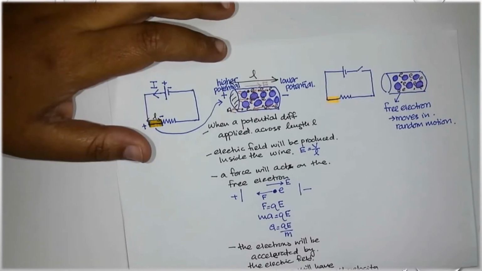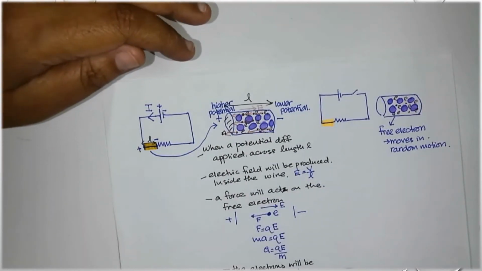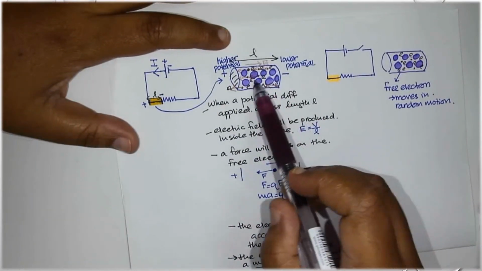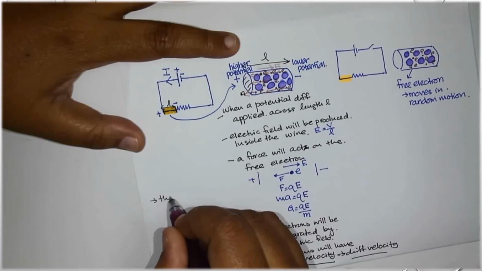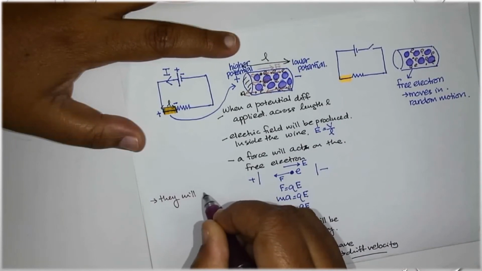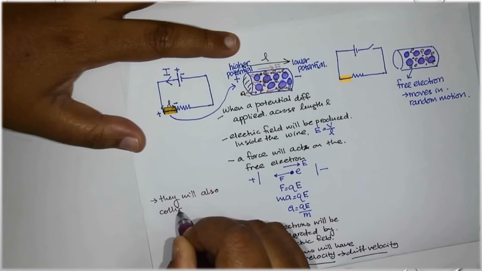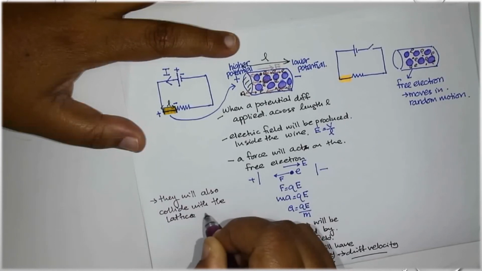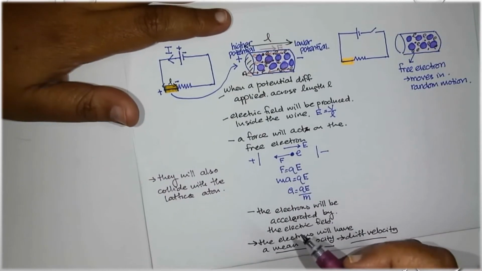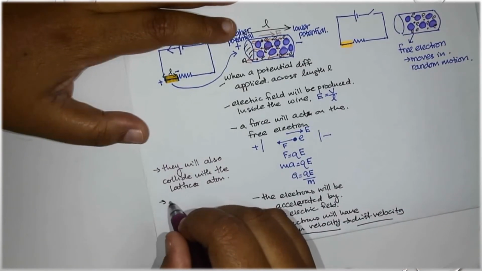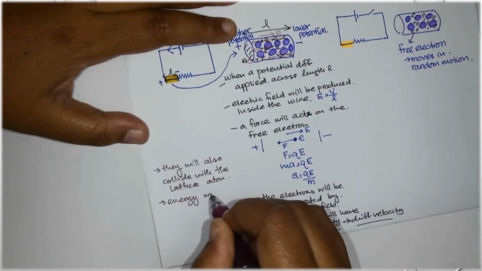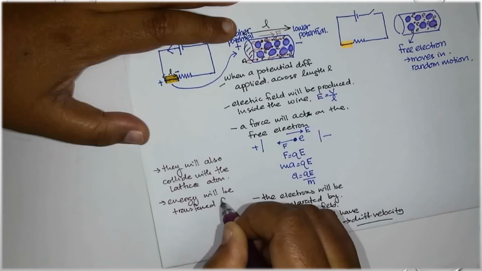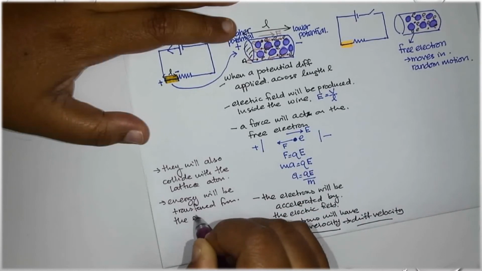Now in this part, I was telling you, there's another concept here which I'm going to write in the red pen. When the electrons accelerate in this direction, they will also collide with the lattice atom. When they collide with the lattice atom, some of the energy will be transferred from the electron to the atom.